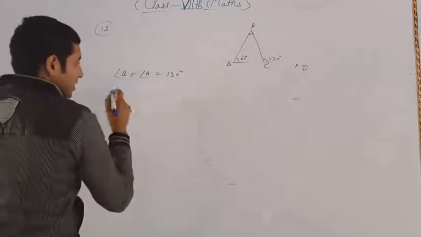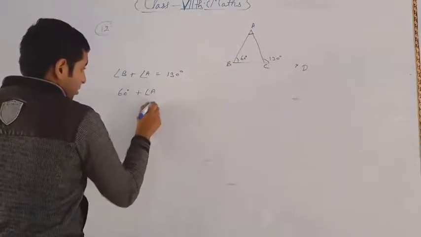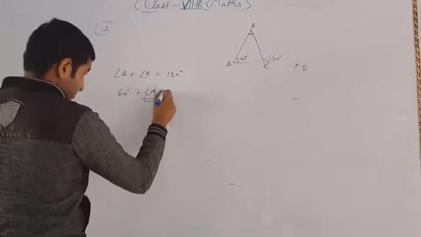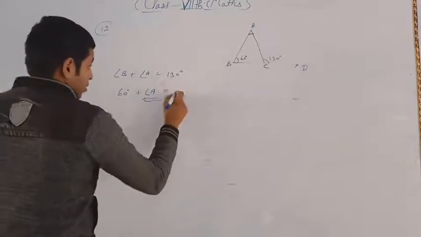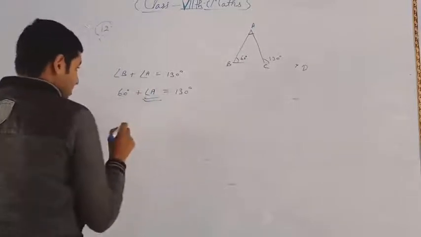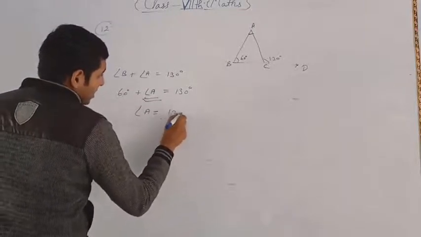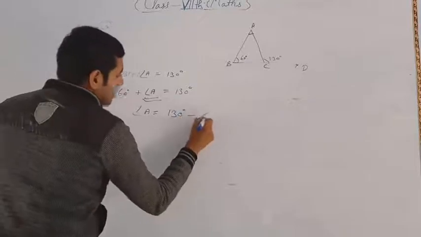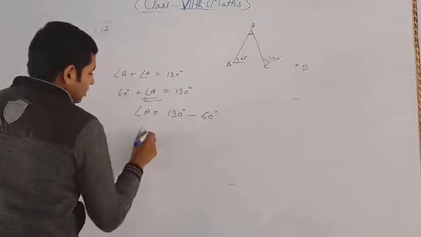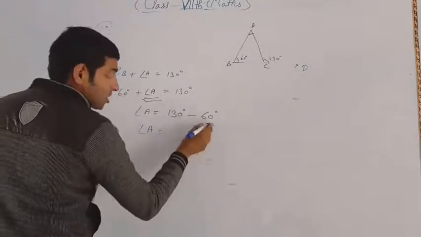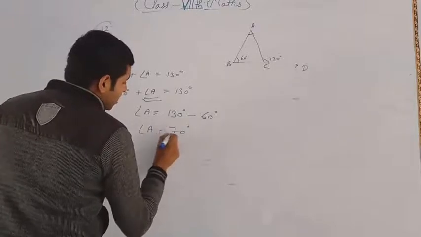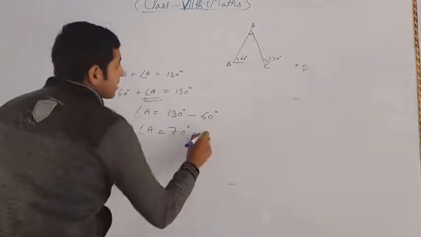Angle B is 60 degrees, plus angle A, which you have to find out. So angle A is equal to 130 minus 60, which is 70 degrees. Okay, this is your answer.